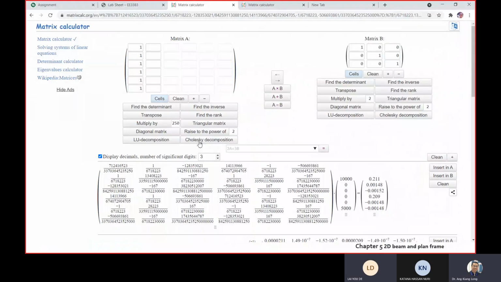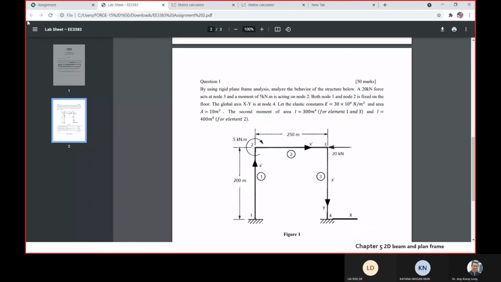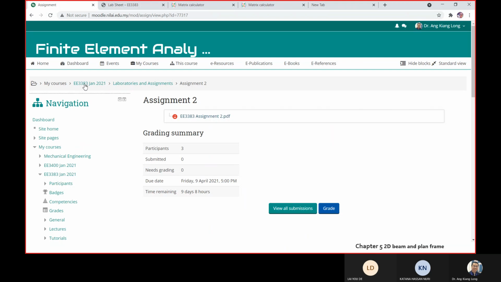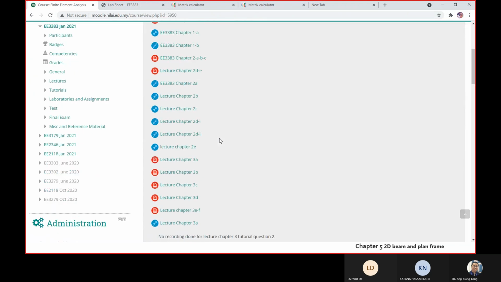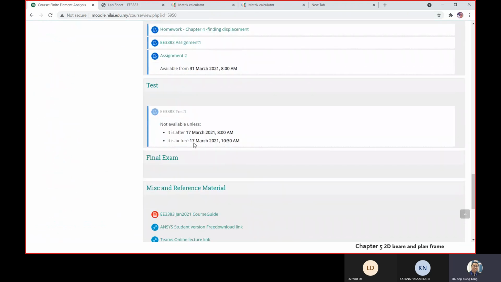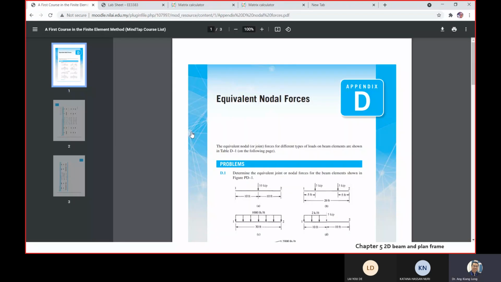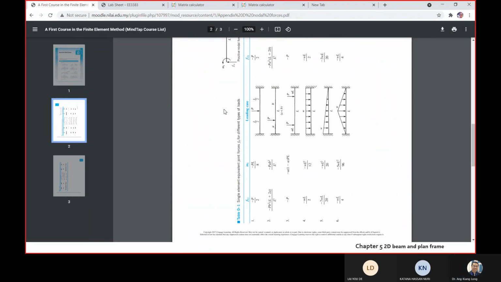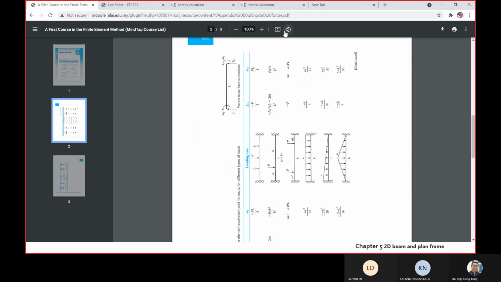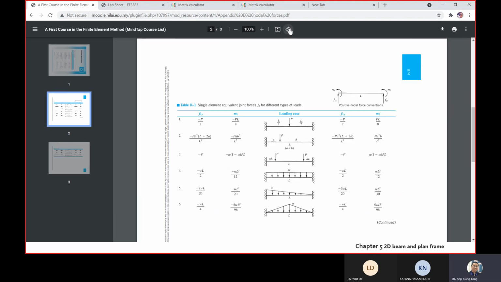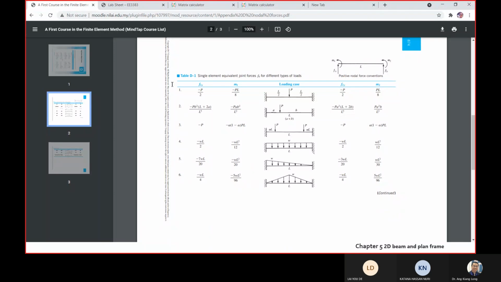Okay, let's go to Appendix D. If you already downloaded Appendix D, you go to Moodle, Appendix D, nodal forces. So we have case number 1 here. Are we seeing this one?